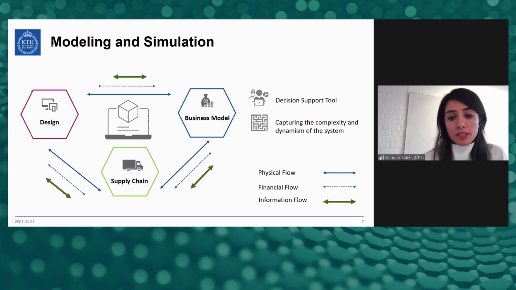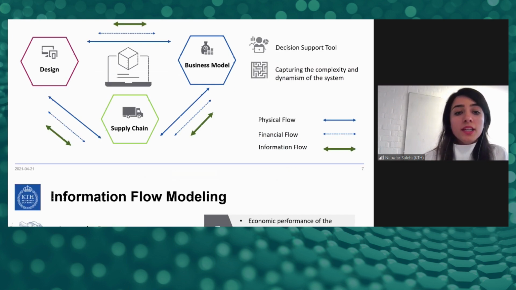But what I am emphasizing is that information flow shouldn't be taken for granted, and it should be considered in the modeling and simulation. By considering the effect of transparency in the system, we can have a better idea of the environmental, economic, and technical performance of the system.